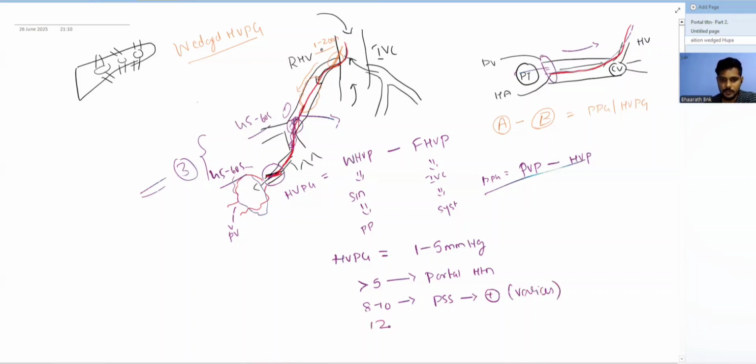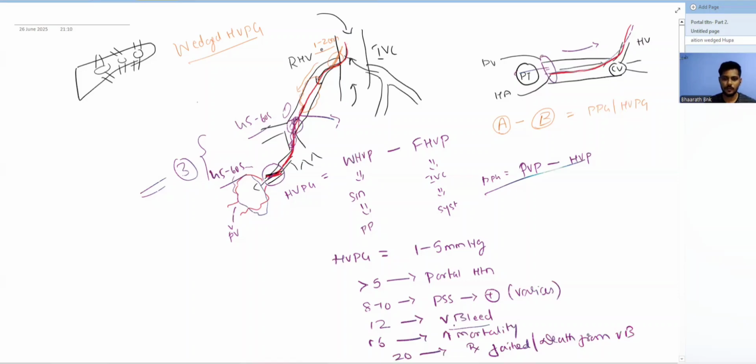And the moment it becomes 12, then the variceal bleed starts, right? So if the variceal bleed has happened, it means that the pressure has exceeded 12 millimeters of mercury. When the pressure difference goes up to 16, there is increased mortality, right? And when it becomes 20, whatever the treatment you have been giving, it remains at 20. It means that the treatment has failed or there is a high risk of death from variceal bleed, right?